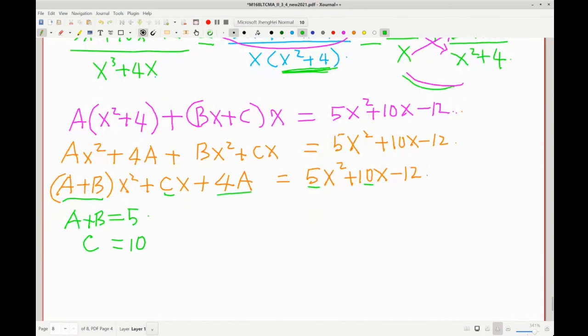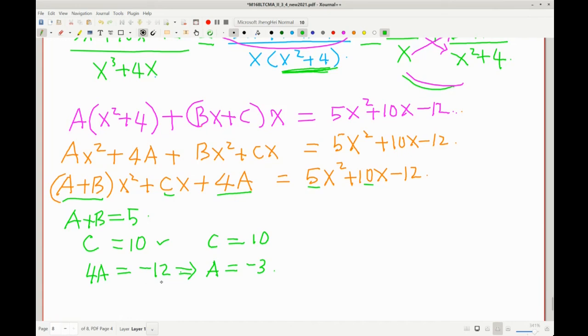And then here it says 4A is equal to minus 12. And then I go and I solve. I know C is equal to 10. No worries there. This implies A is equal to what? Minus 3. Is that good? C is equal to 10.